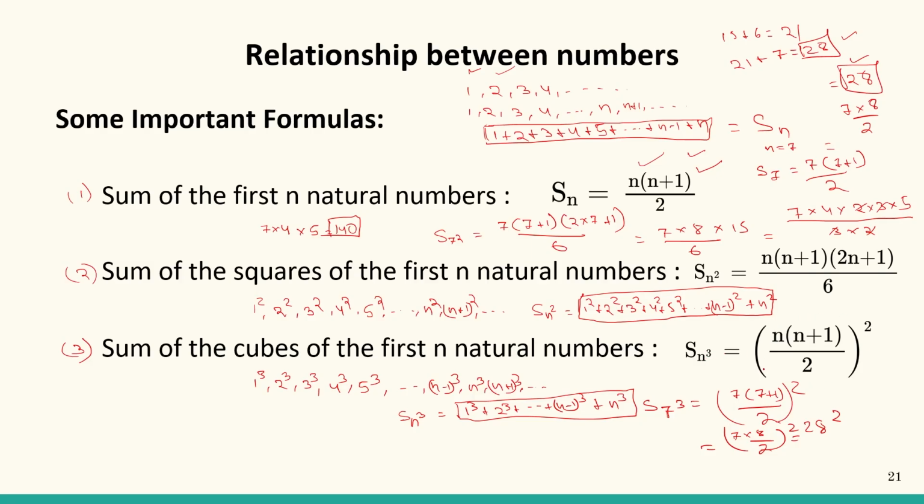So basically Sn cube is equal to Sn's whole square. You can see that Sn is n into n plus 1 whole by 2, so another relationship is here. These two are the same actually. You can observe it from here.